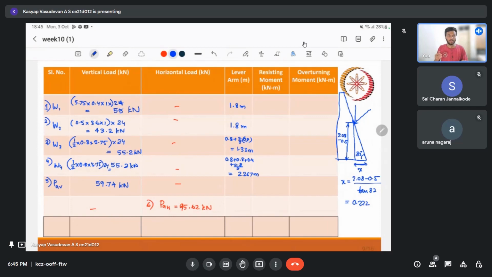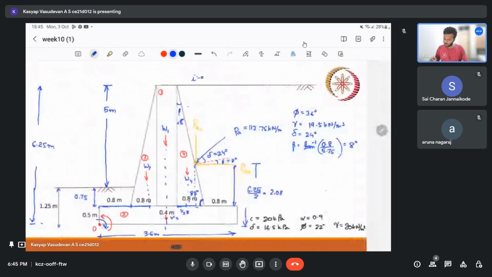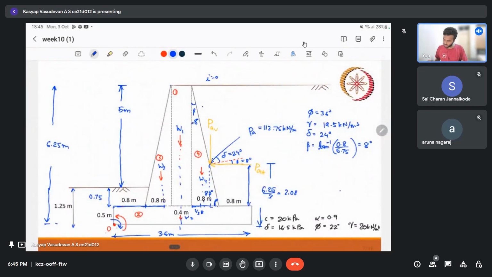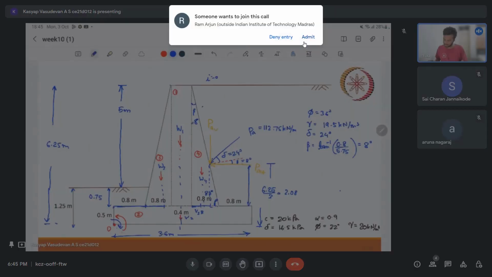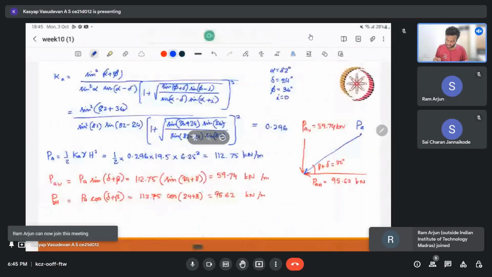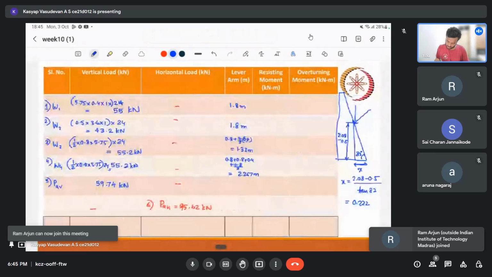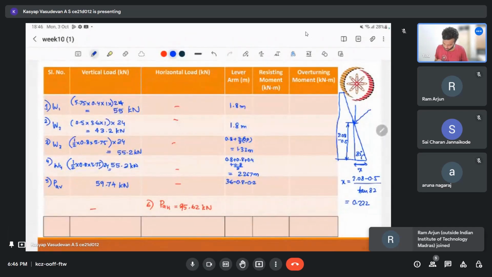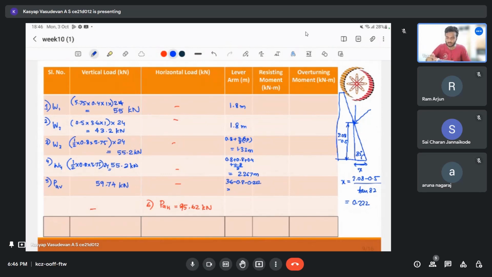So from our point of reference, that is O, I can write it as 3.6 minus 0.8 minus 0.22. So my distance will be 3.6 minus 0.8 minus 0.22. This lever arm is 2.578.